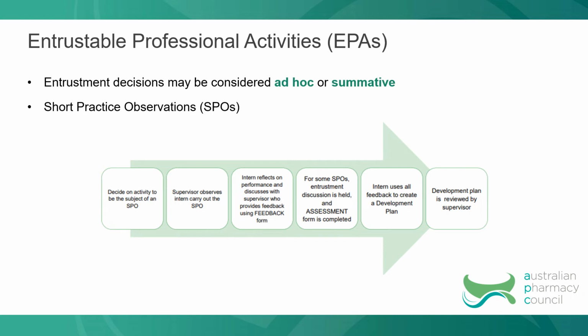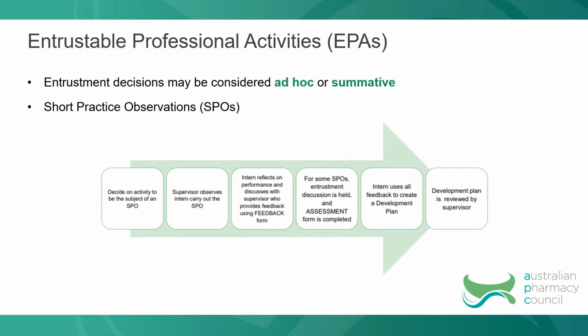And then for some short practice observations, when it's deemed that the EPA has been carried out consistently and appropriately over a period of time, an entrustment discussion is held and a more summative entrustment decision is made. So this is where the preceptor looks more to future practice to think about how the intern might be able to perform a task with a new level of autonomy, so a new level of responsibility and a lower level of supervision.